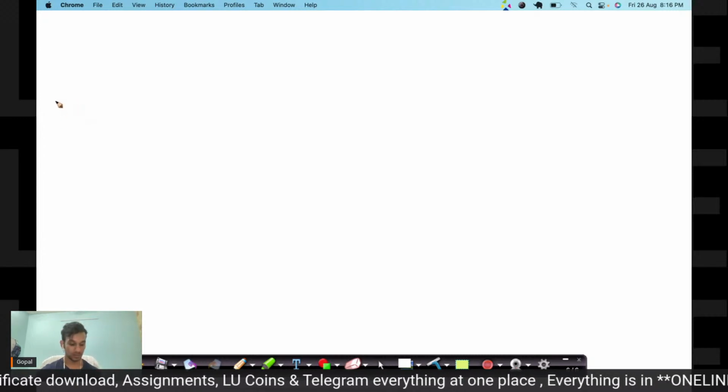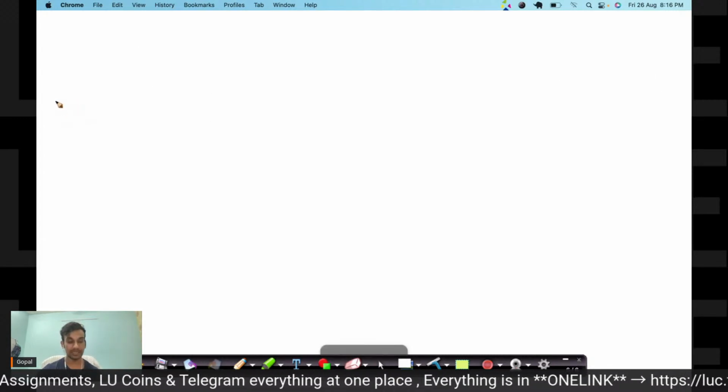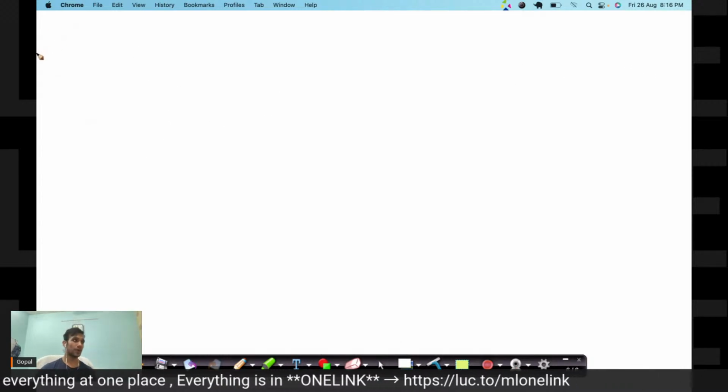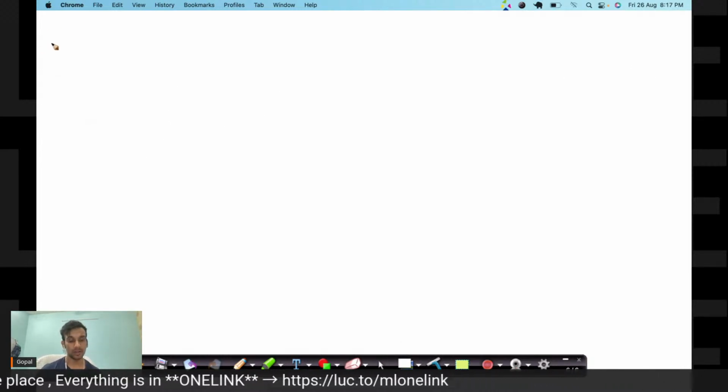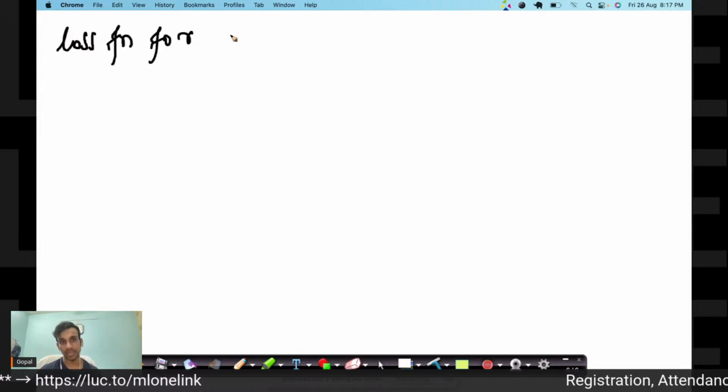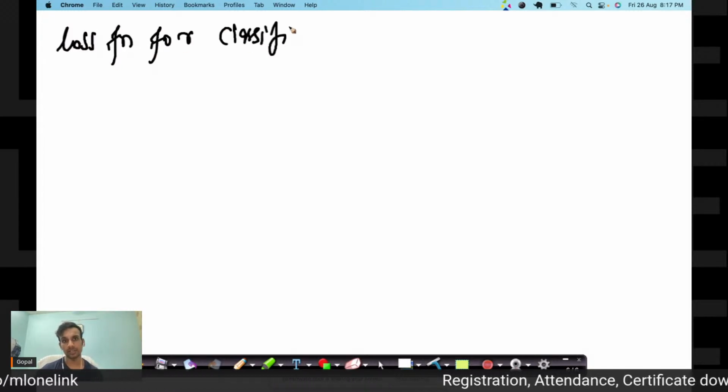All right, so let's go back here. I cannot prove it right now, but the loss function for classification looks like this, log loss.